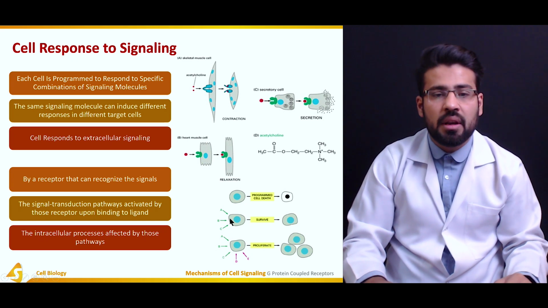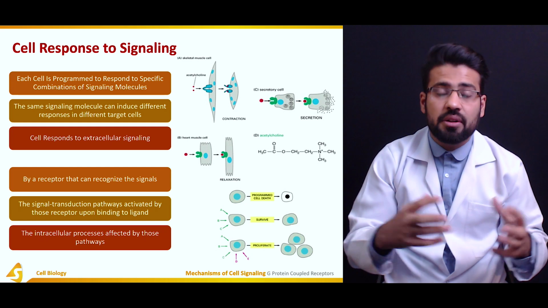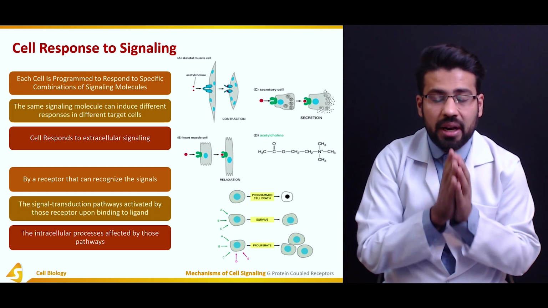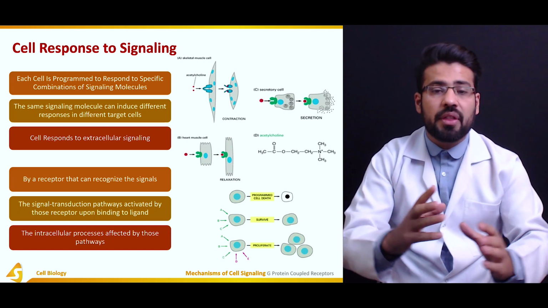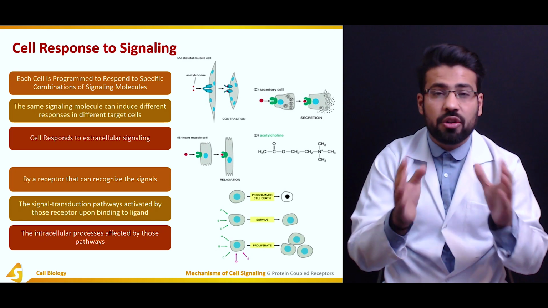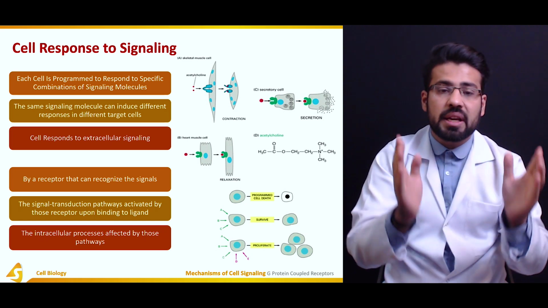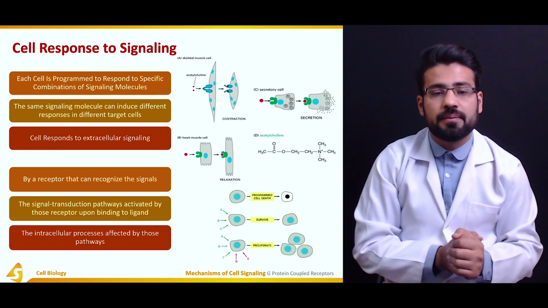We have a particular receptor, and the receptor recognizes the signals at the first step. The signal transduction pathways are then activated by those receptors when they bind with the ligand. And of course, the intracellular processes are affected by those pathways.